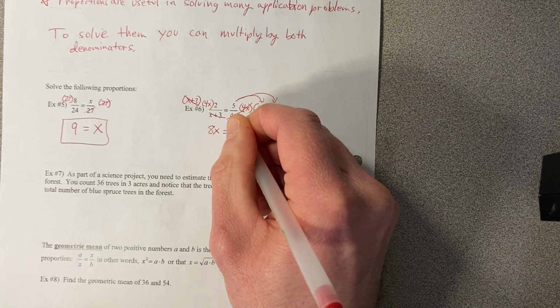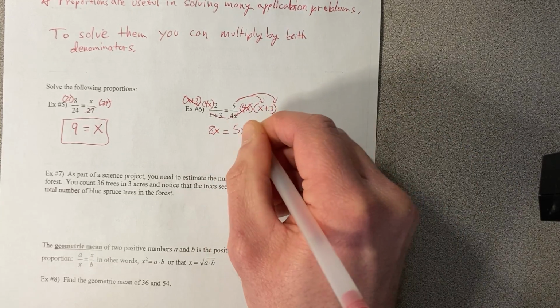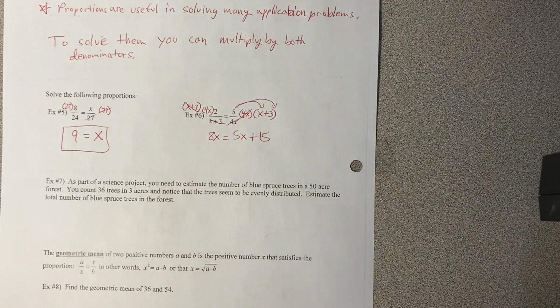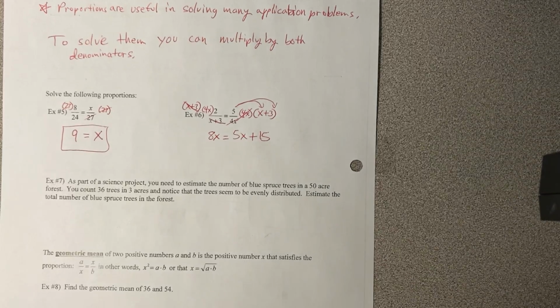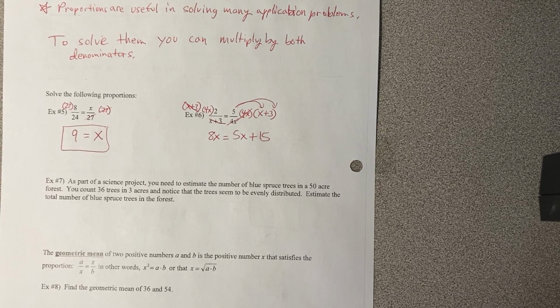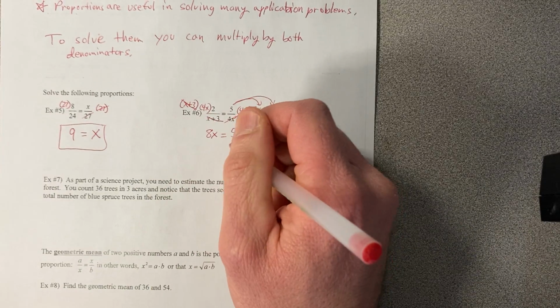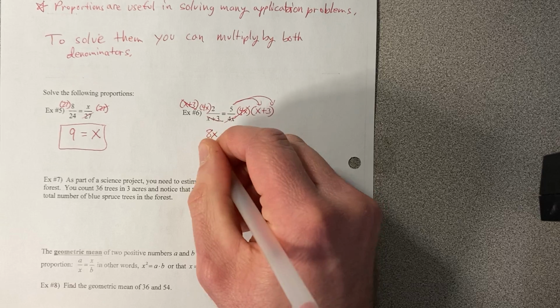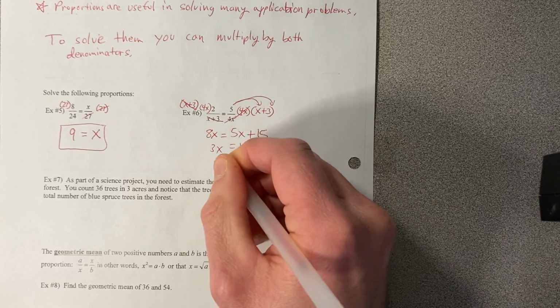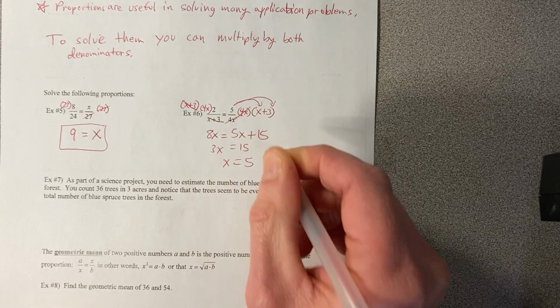And we're going to get 5x plus 15. Is that a little more palatable at that point? Yeah, you can get x by itself. Subtract the 5x over, you'll get 3x is equal to 15, or x equals 5.